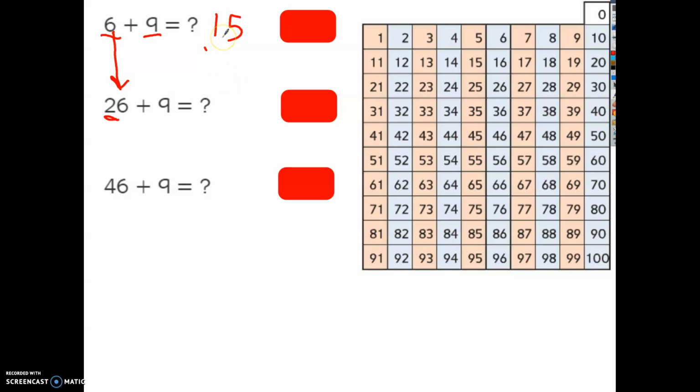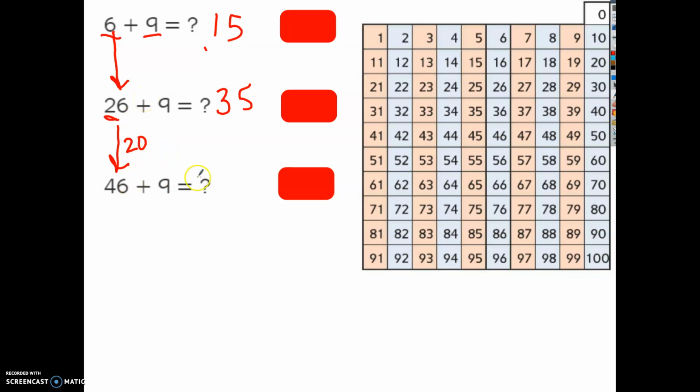So 15 plus 20, if I'm stuck there, I can go 15, add 20, there's 10, 20. So it's going to be 35. 46 plus 9. Well, I'm still adding 9, but I'm going to add 20 more because 46 is 20 more than 26.